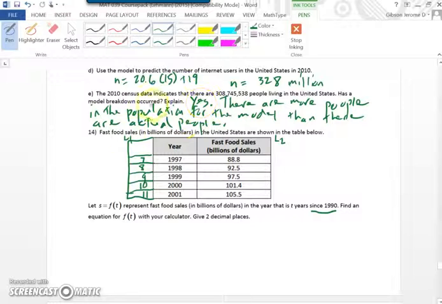Now this is what you need to do on your calculator. I'm going to tell you what to press because I do not have the emulator available here. First you will press stat.